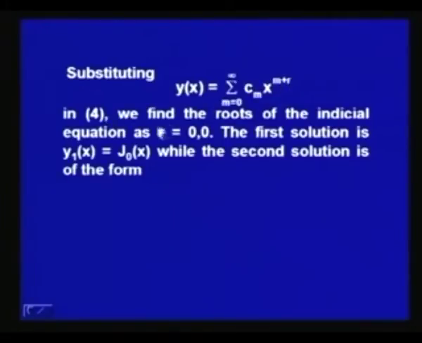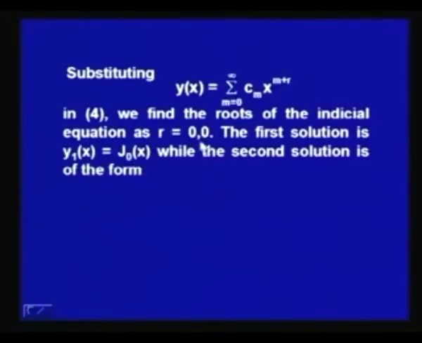In this equation, we find that the roots of the indicial equation are 0, 0, that is, it is the case of the indicial equation having equal roots. Now, one solution of the Bessel's equation can then be obtained. It will be y1(x) equal to J0(x).